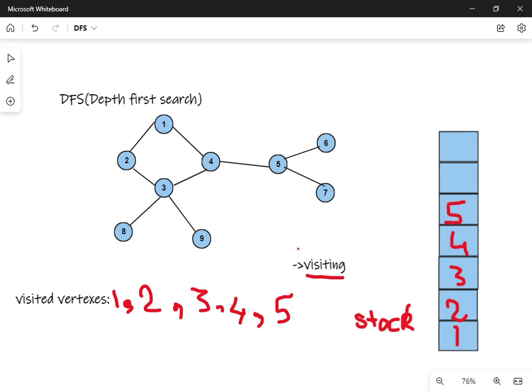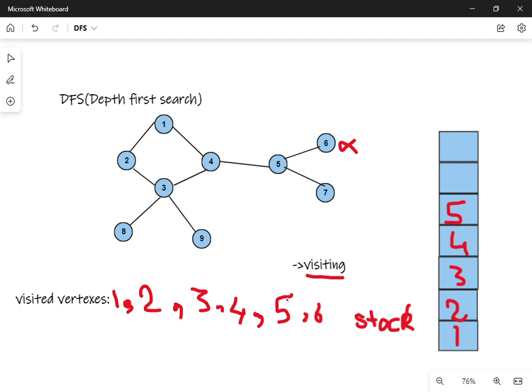Now the adjacent vertices of 5 are 6 and 7. So I am moving towards 6. Here 6 has no further adjacent vertices, so we are moving towards our previously visited vertex.